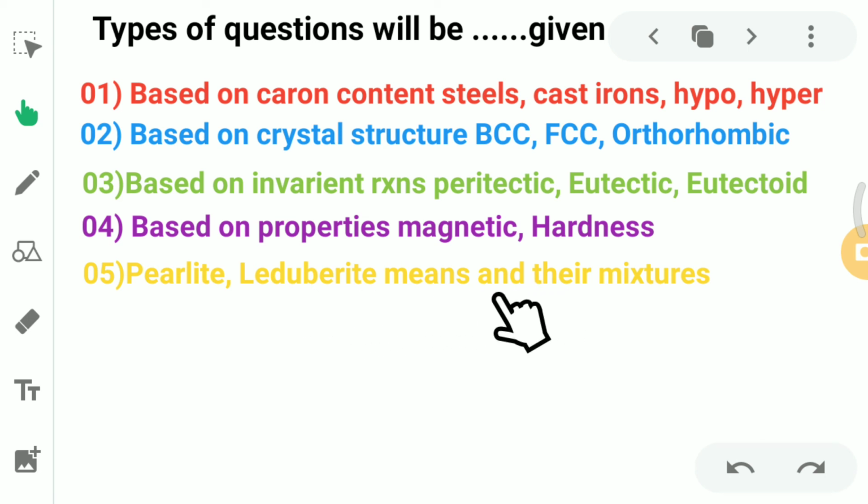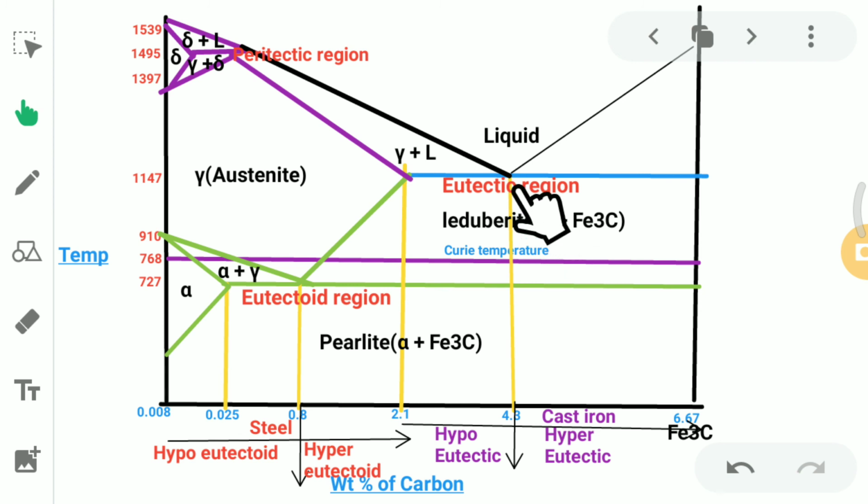And at a given composition, we need to find out, for example, they will give 4.3 percentage, what is the cementite and pearlite phase at 727 degrees. At this point we need to find out the pearlite and cementite region, so we need to do the lever rule, friends.